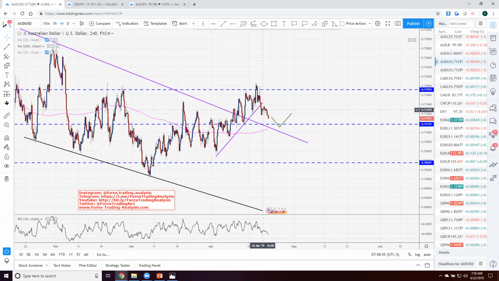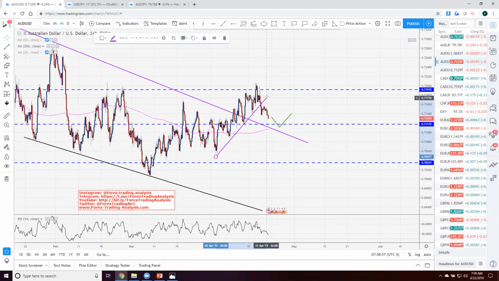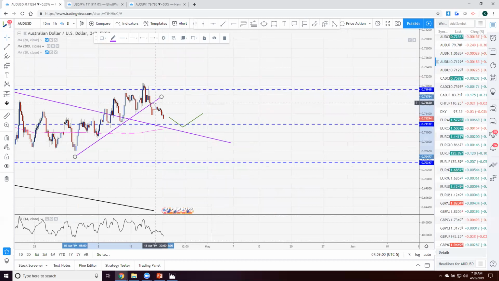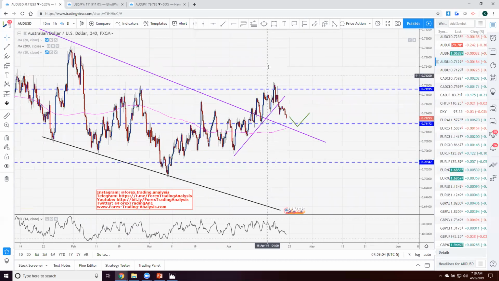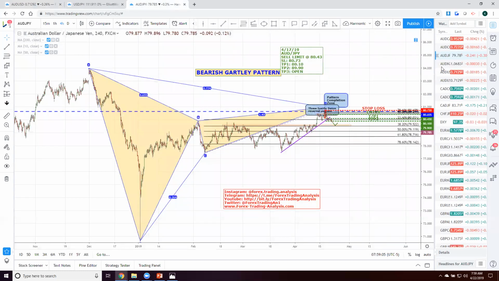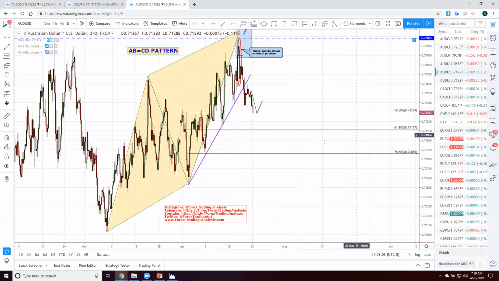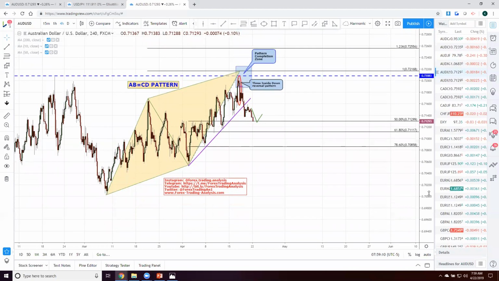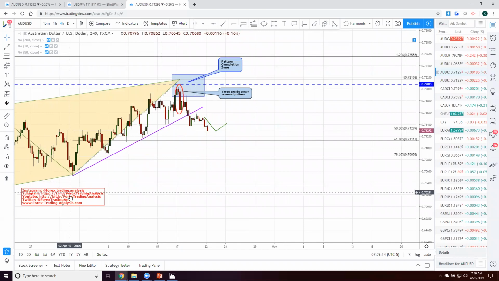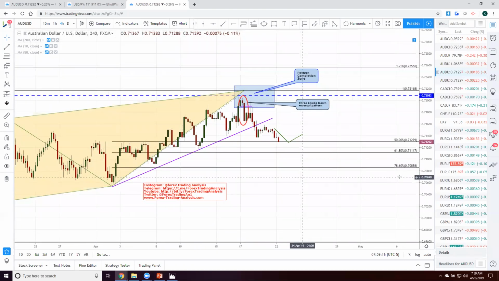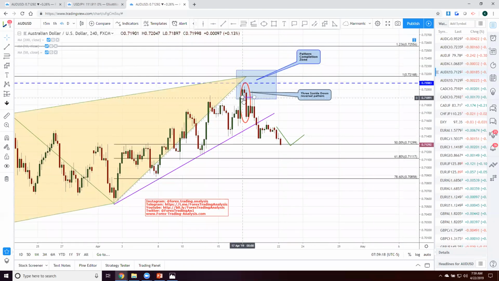So after we broke that trend line, came back up, retested. Now it's back down. So we had this trade also based on a harmonic pattern, an AB CD pattern similar to the other Aussie pair we traded. We were looking for some bearish movement after we were looking at completion in this zone with a resistance area.